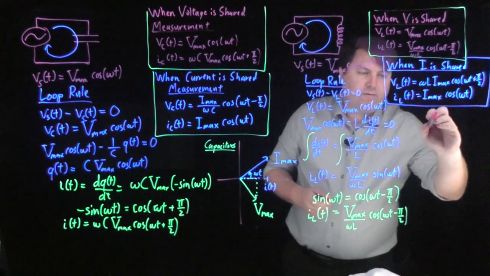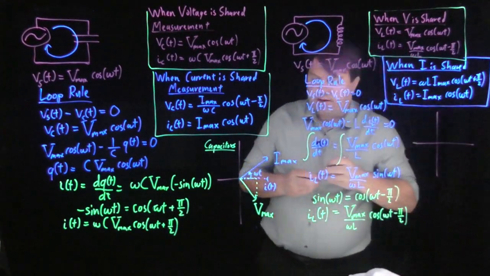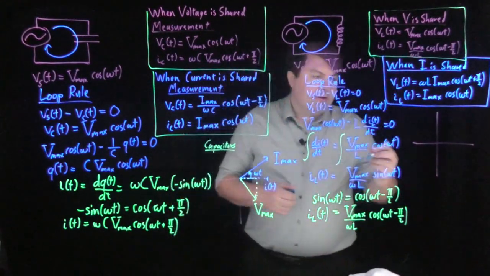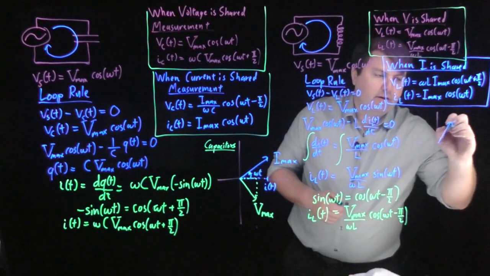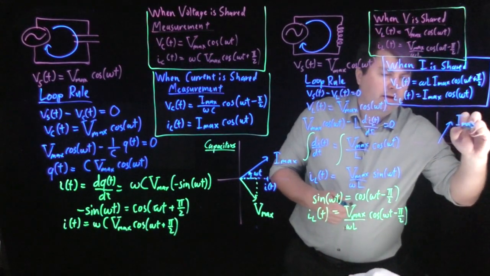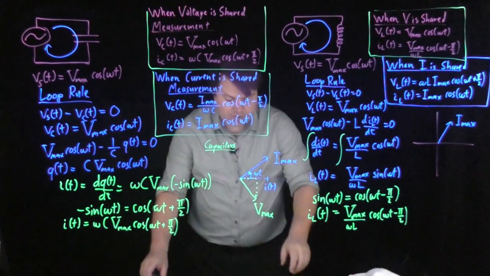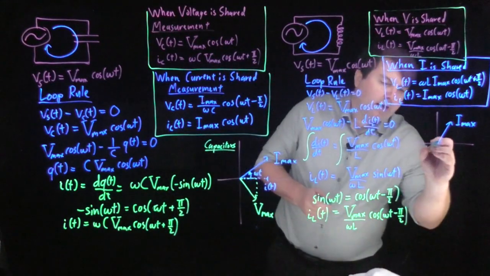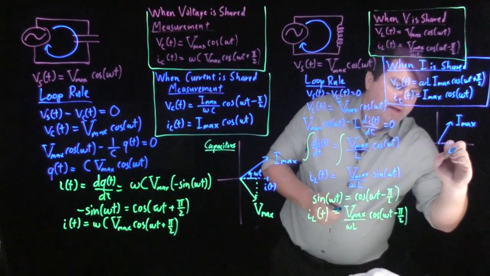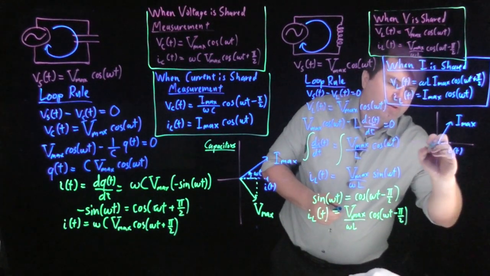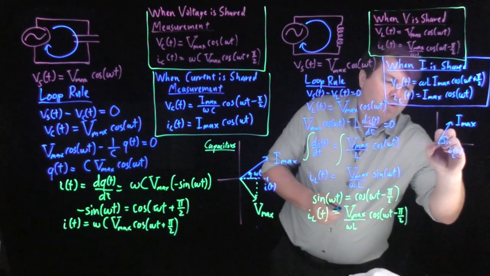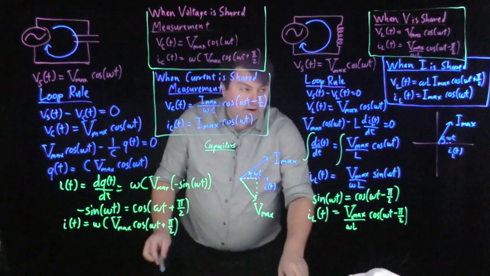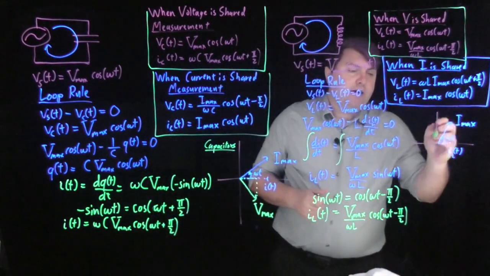And we can draw our phasor diagram again. So if we have, again, an Imax phasor in the first quadrant, the current as a function of time is going to be the x projection because this is going to be omega t. And our voltage is going to be 90 degrees ahead.